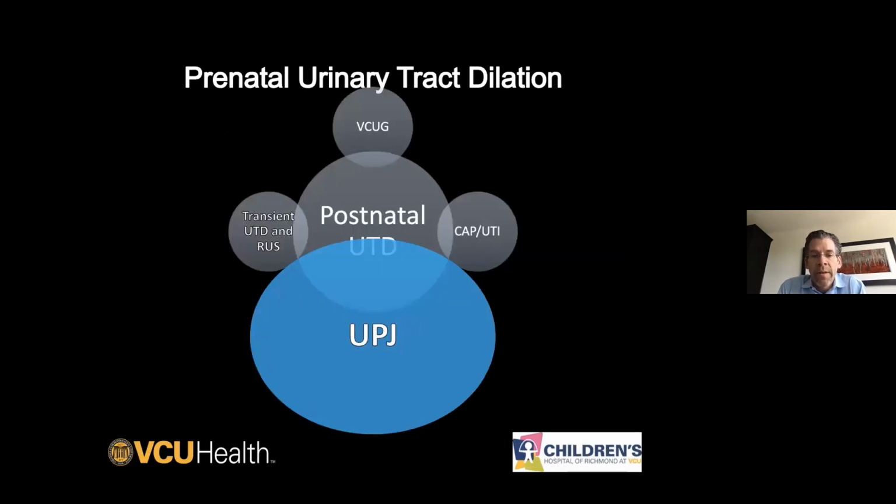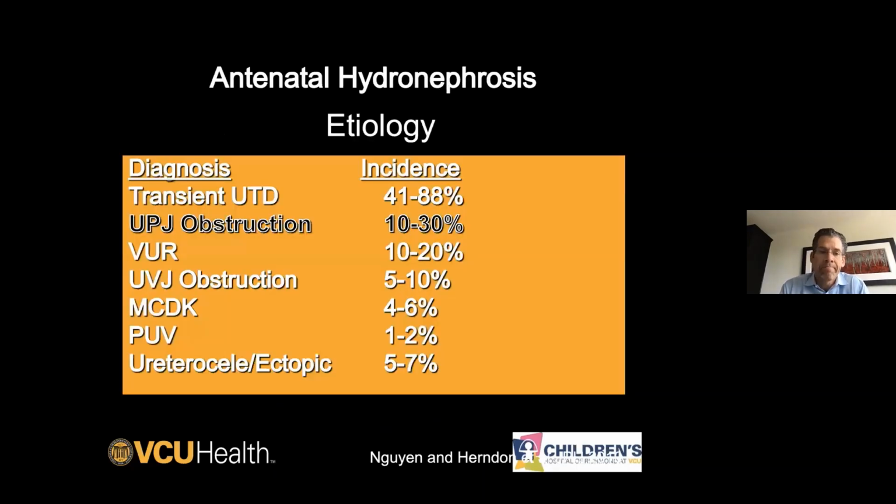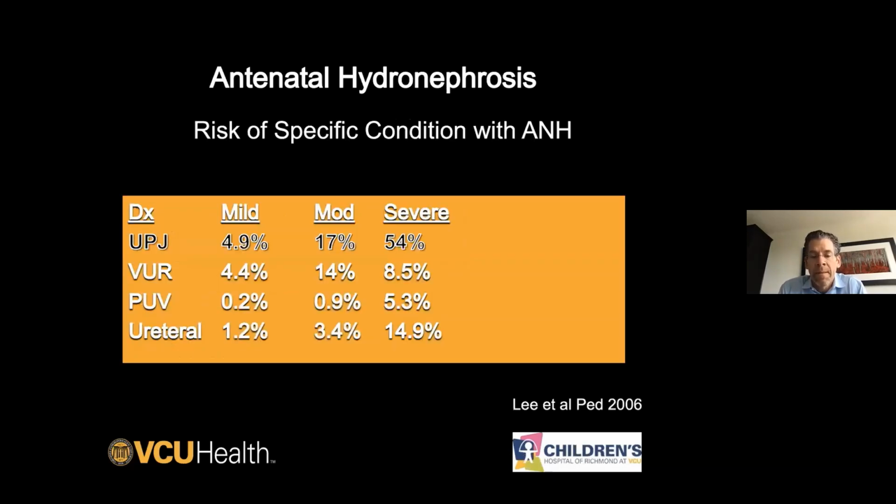So moving on now to the last area that I'll focus on today, and that's UVJ obstruction. And again, this is the second most common finding that we diagnose when we have urinary tract dilation, anywhere from 10 to 30%. It's one of the only conditions that we see that the degree of dilation correlates with the finding.